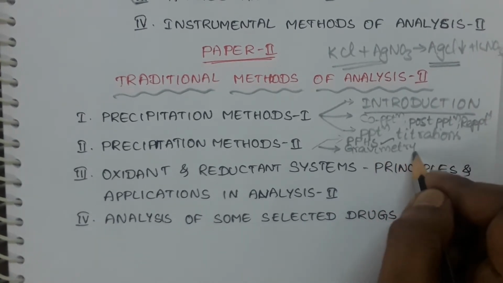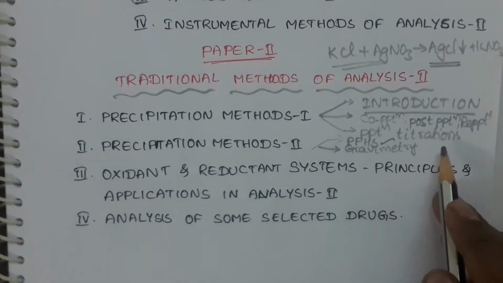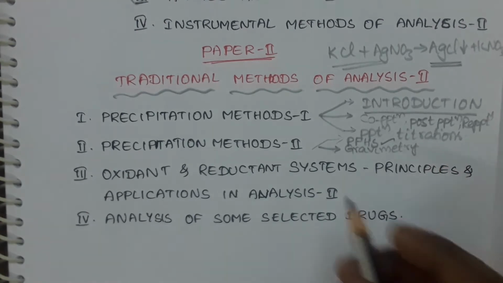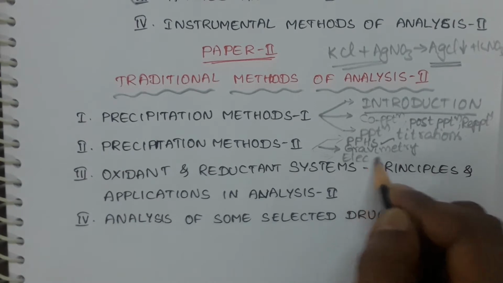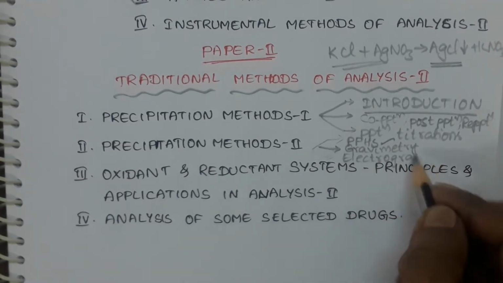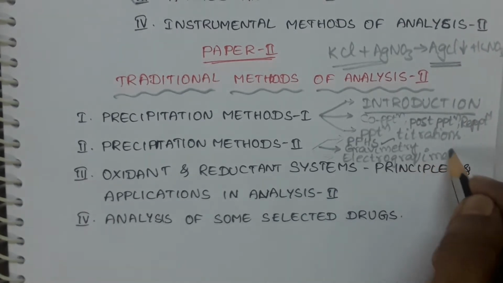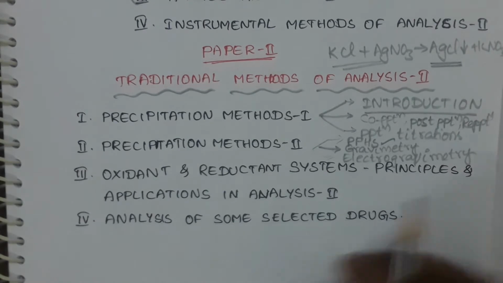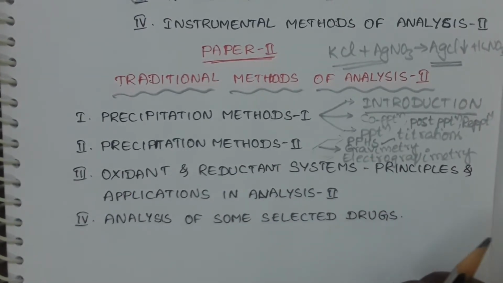What is gravimetry, what are the applications and what are the different precipitants? Next, third part is electrogravimetry. It is also one of the applications of precipitation methods.